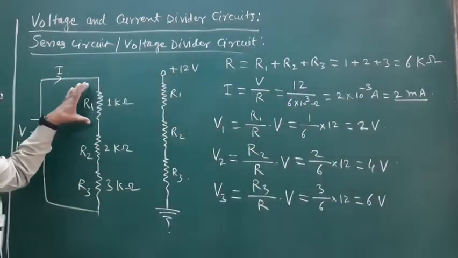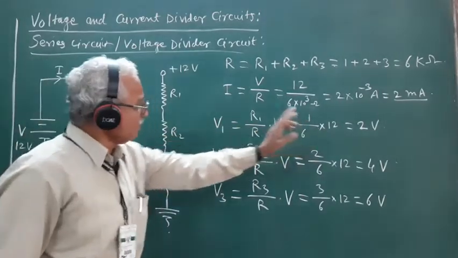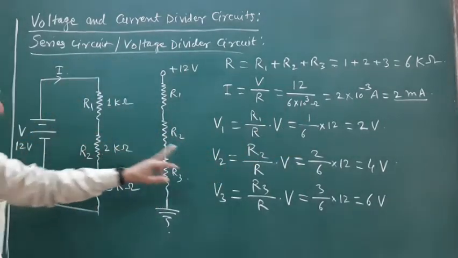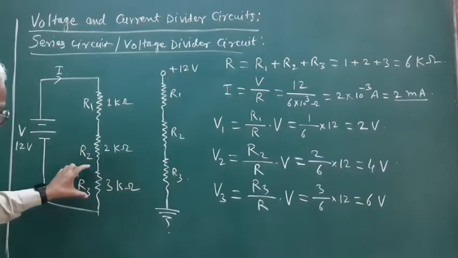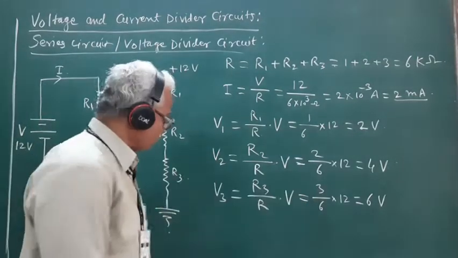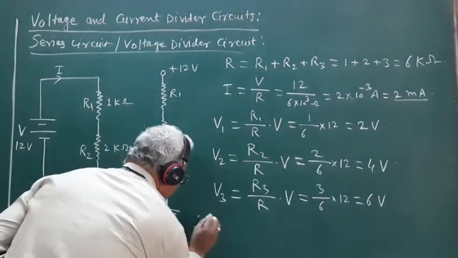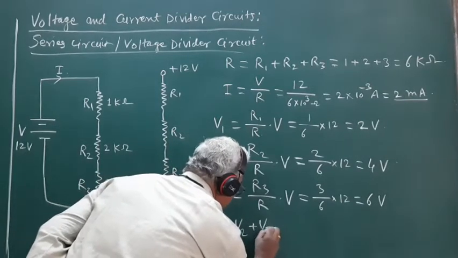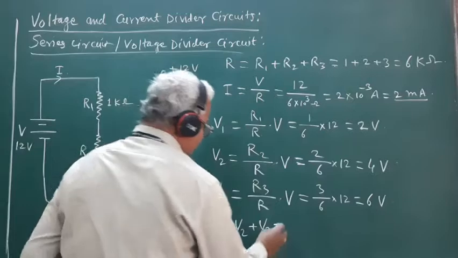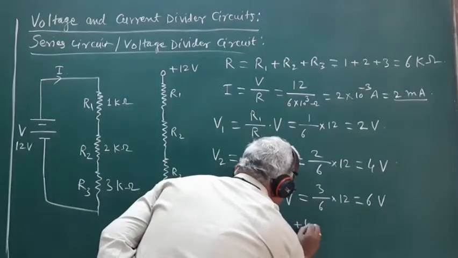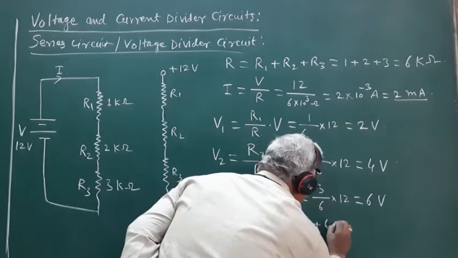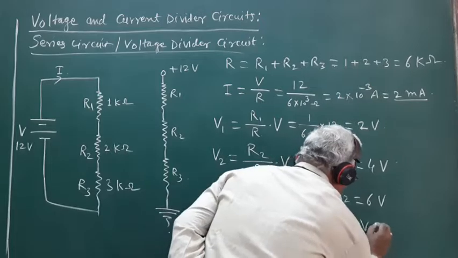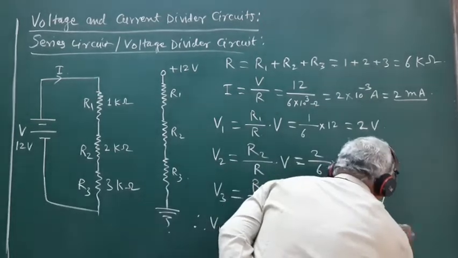So the potential drop across R1 is 2 volt, across R2 is 4 volt, and across R3 is 6 volt. Therefore, if we take the sum of V1, V2 and V3, this is equal to 2 plus 4 plus 6, which is 12 volt, which is equal to the applied voltage.